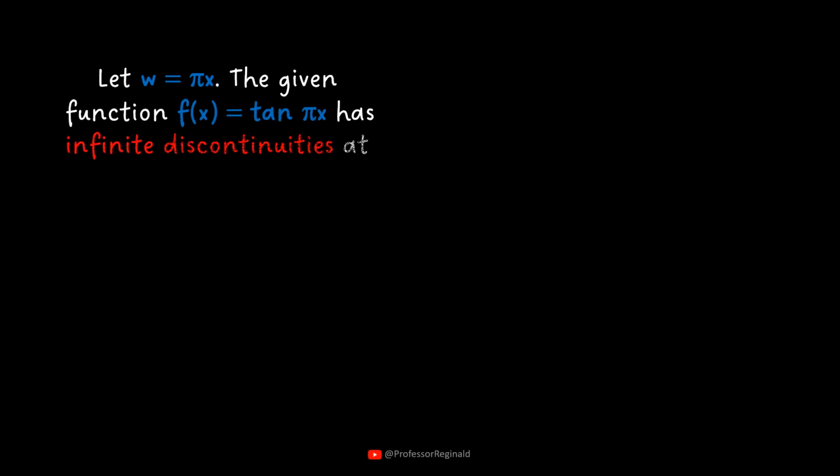Let w equals pi x. The given function f of x equals tangent of pi x has infinite discontinuities at x equals n over 2, for n equals positive or negative 1, positive or negative 3, and so on.